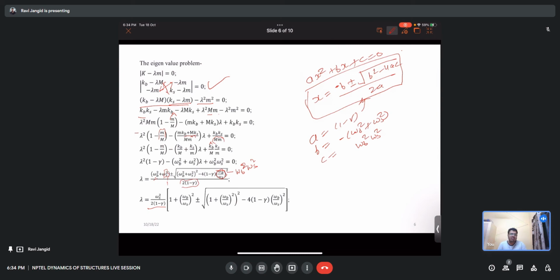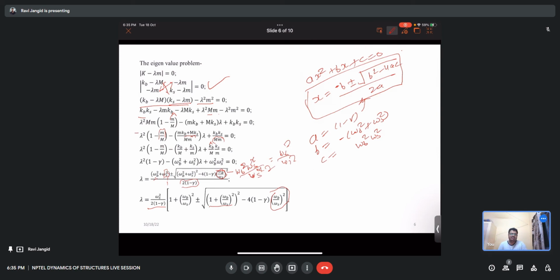If I take omega s power 4 outside, then we will get omega b square by omega s square, which I have written here.